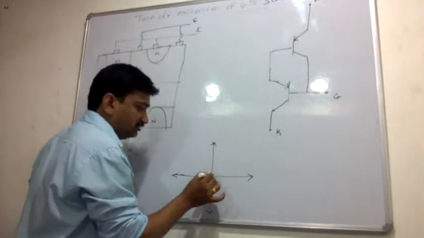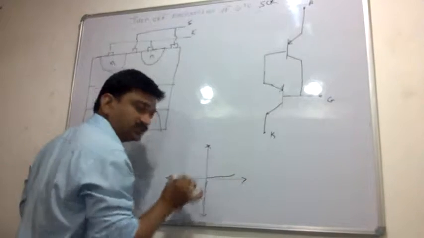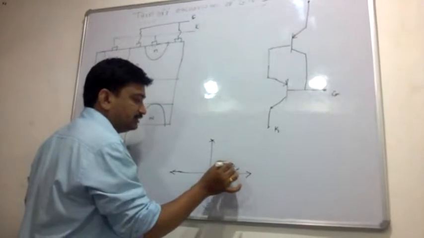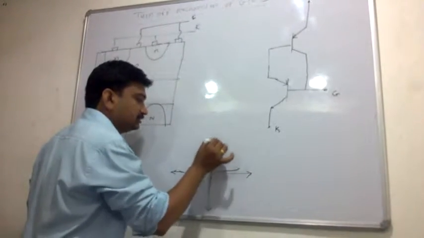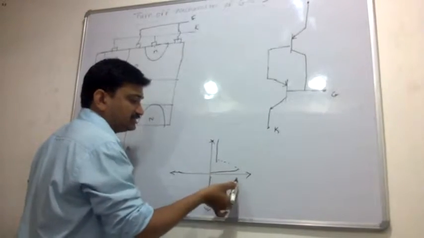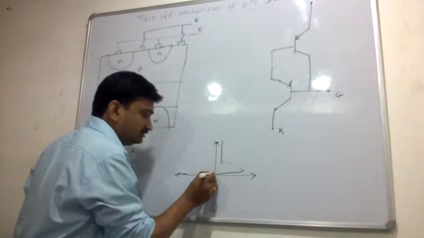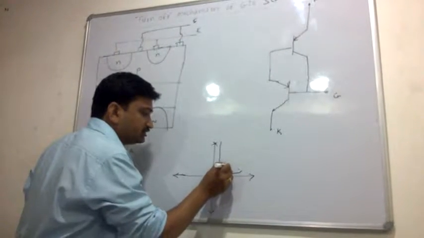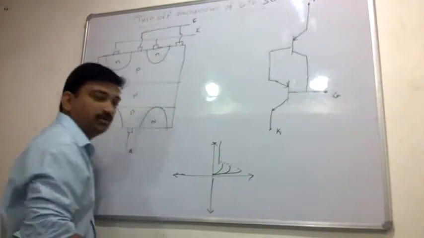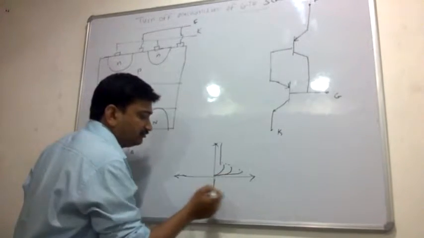Means in the forward state it is a forward blocking state, and a transition state is there, and this is the turn-on state. Similarly, as the gate voltage increases, the gate overvoltage reduces, and we will get this type of characteristics for an SCR.